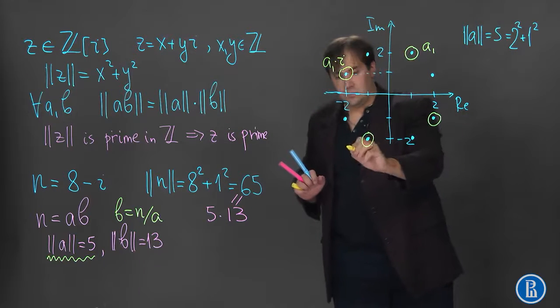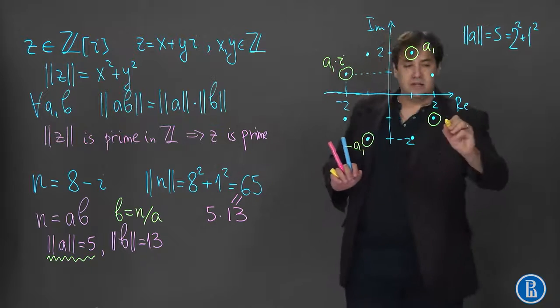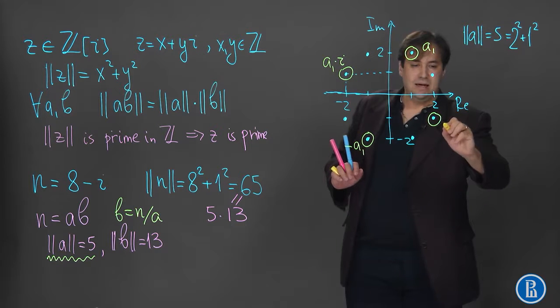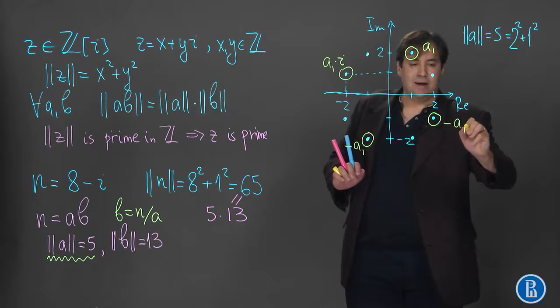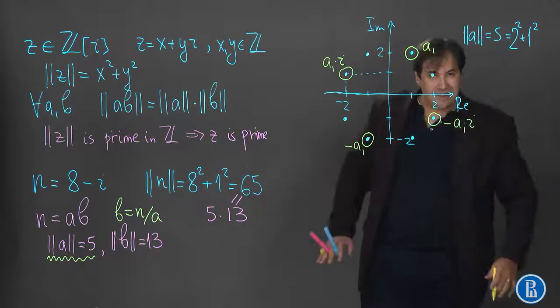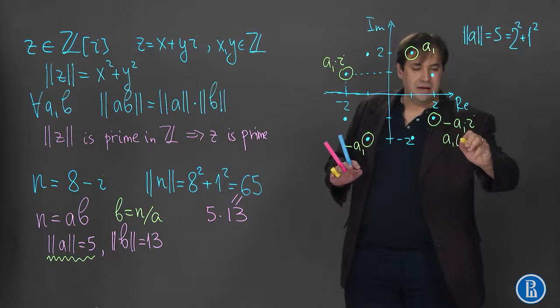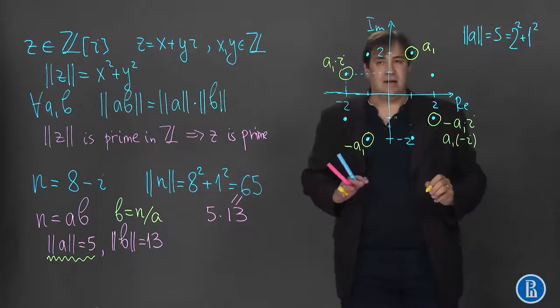And also this one element here is minus A1, and this one here is, we'll say, minus A1 multiplied by i. i is still the imaginary unit, and this can also be represented in the form A1 multiplied by minus i.